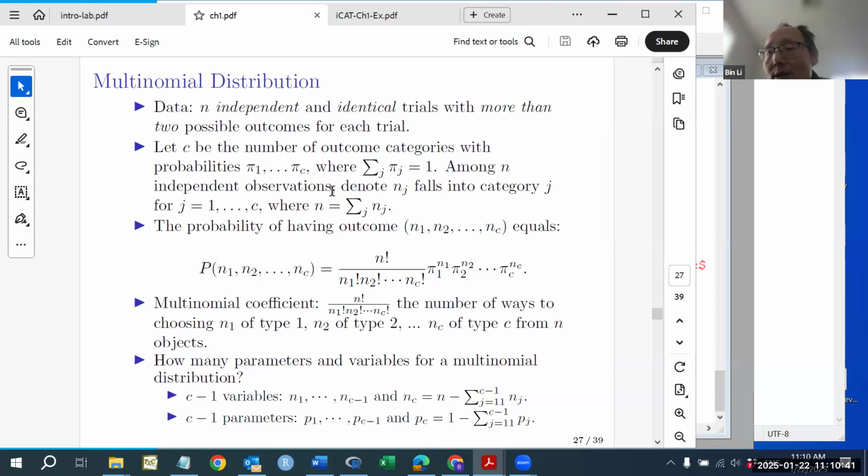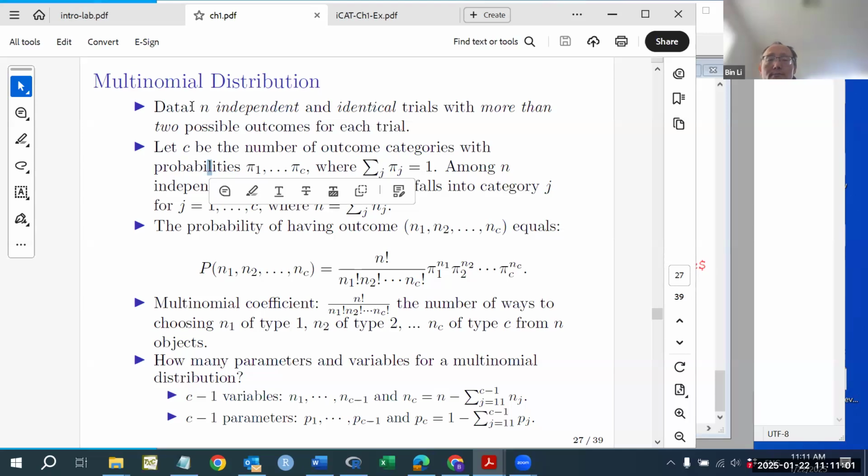Okay, now let's talk about a natural extension of the binomial distribution. The binomial only has two possible outcomes for each trial, right? So what if we have more than two? That's called a multinomial distribution.